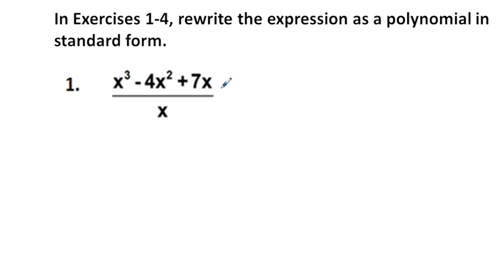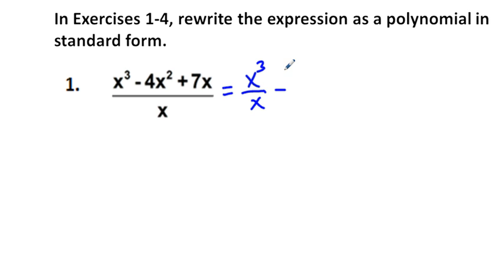Exercise 1: rewrite the expressions in polynomial standard form. Here we have a cubic trinomial in the numerator, divided by x. What we can do is separate and take each term and divide by x individually.